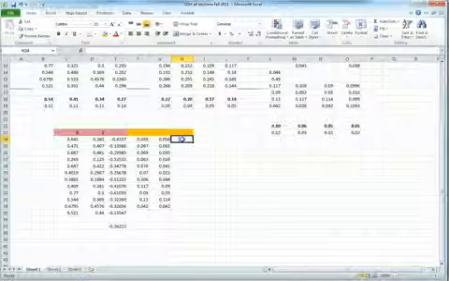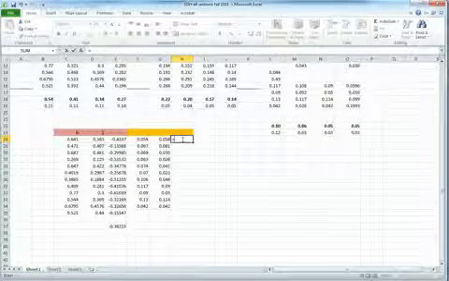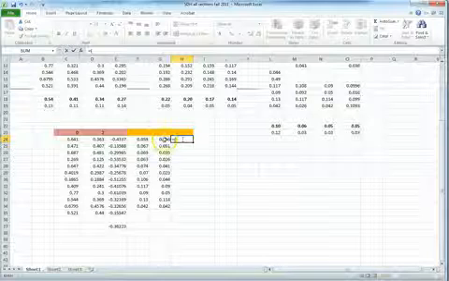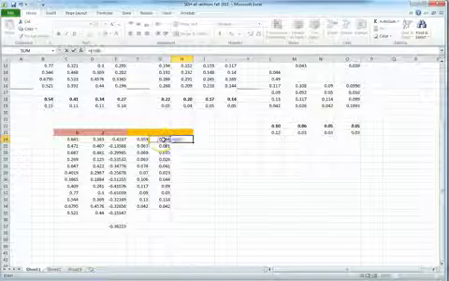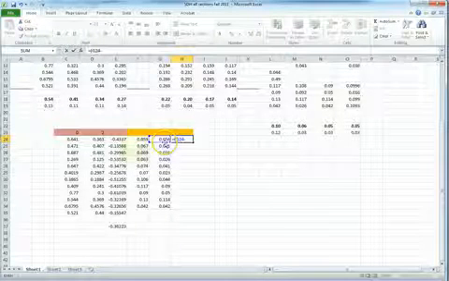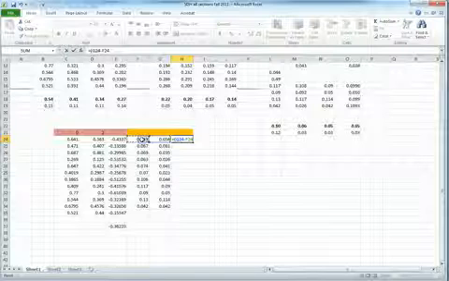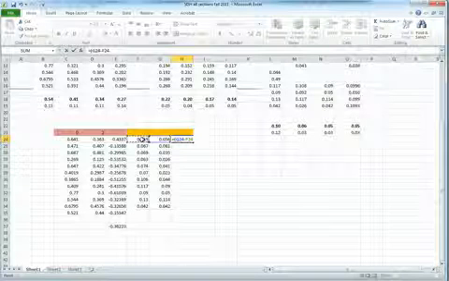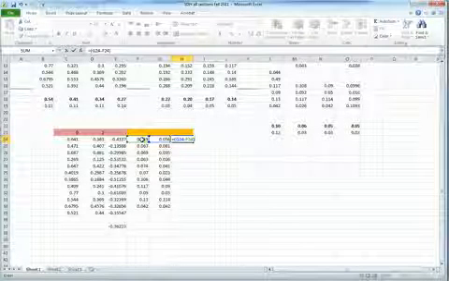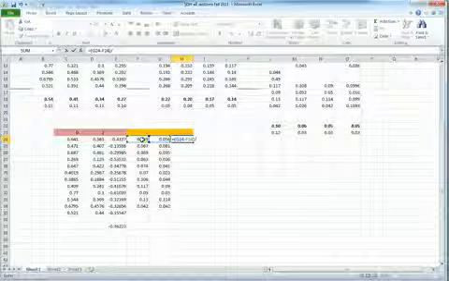And again, I'm going to do my percent change. So equals, parentheses, this number minus this number. It really doesn't matter what order you do it, as long as you divide by the first number, close parentheses, divided by this number.